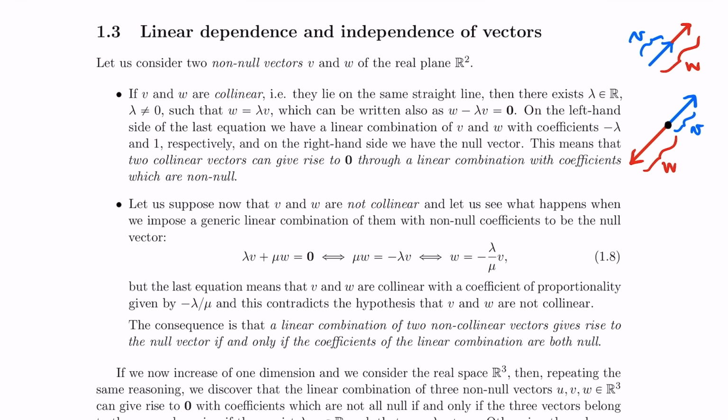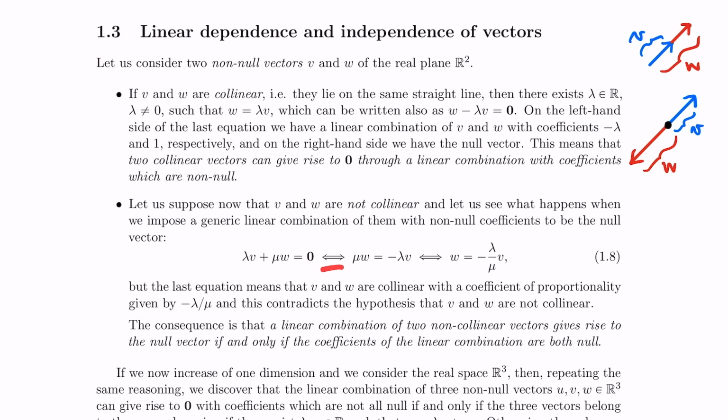Let's see if we can do that with non-collinear vectors v and w. So we are supposing now that v and w don't lie on the same straight line, they don't have the same direction, and we are trying to see if we can write a linear combination with non-null scalars lambda and mu, such that we can reconstruct the null vector with this linear combination.